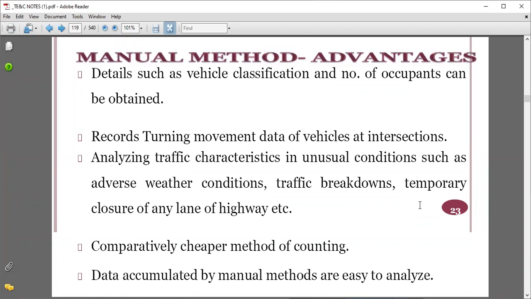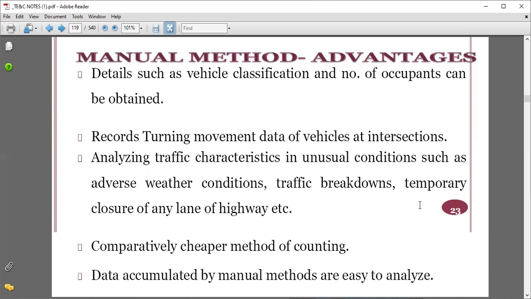the number of occupants or the vehicles moving on the road, that accurate data we will get. Second one is that it records the turning movement data of the vehicles at the intersection. By the observation only, we'll understand what type of traffic is there and what we have to do. For that purpose, the manual counting method is very important. Analyzing the traffic characteristics in unusual conditions such as adverse weather condition, traffic breakdowns, temporary closure of any lane of the highway.